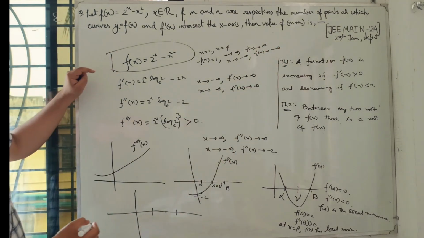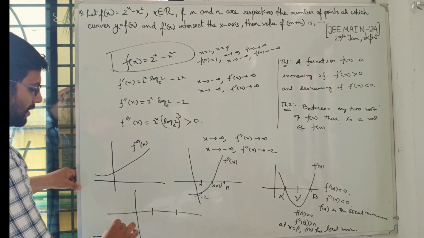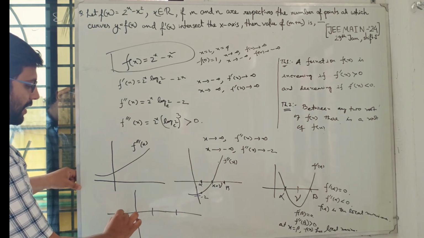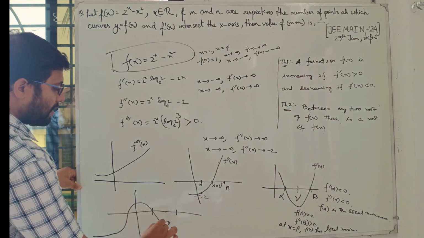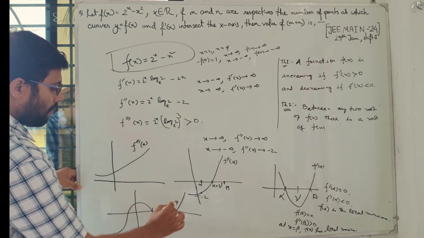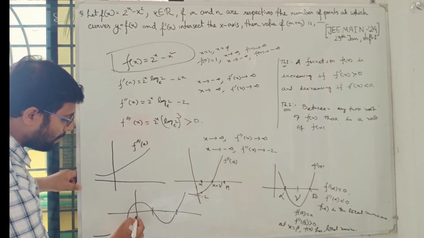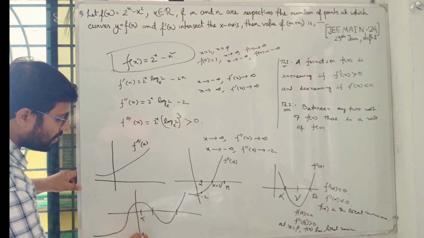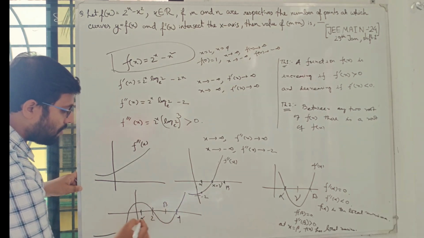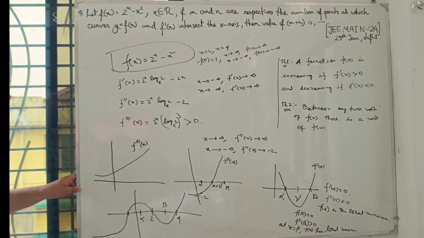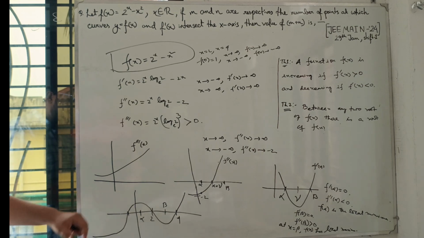So from the left side it will cut the x-axis on the negative side once, and then 2, and then 4, and then go upward. Alpha is the point of local maxima, this must be alpha and this must be beta. This is 2 and this is 4, and because f(0) is 1, somewhere on the left side f(x) cuts the x-axis.